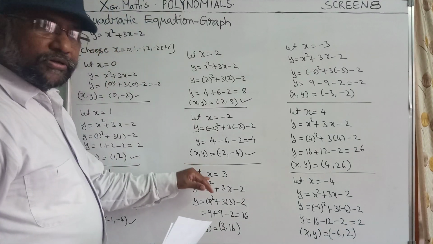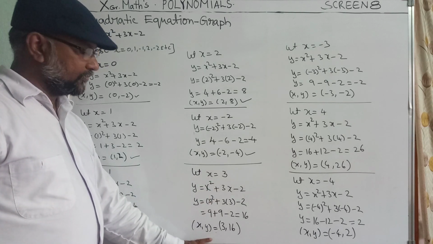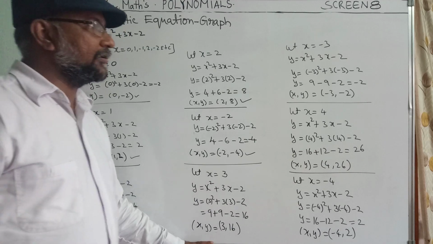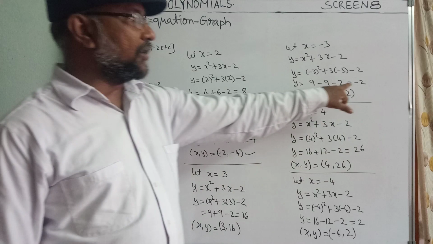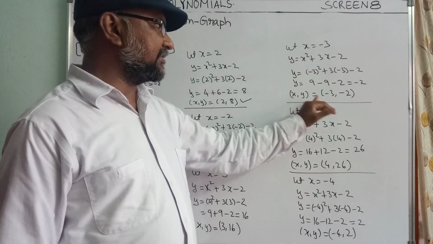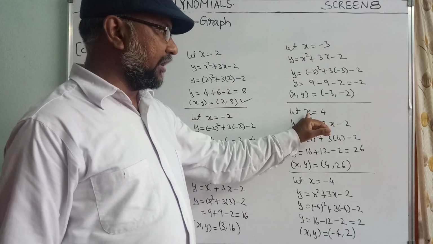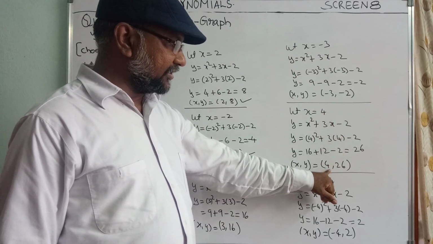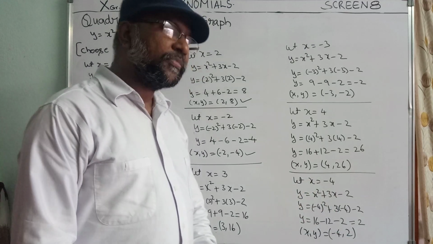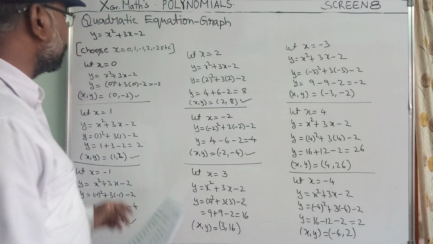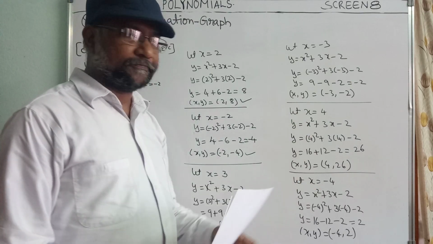Now take plus 3, you will get the coordinate point 3 comma 16, and x is equal to -3, if you choose, you will get y value -2. x comma y is equal to -3 comma -2, and for x is equal to 4 you will get this one. x is equal to -4, you will get a 2. So likewise, we have 1, 2, 3, 4, 5, 6, 7, 8, 9.